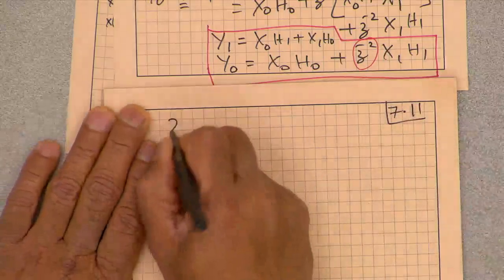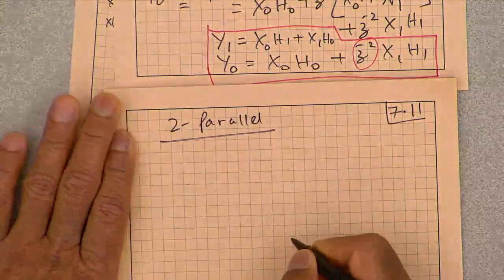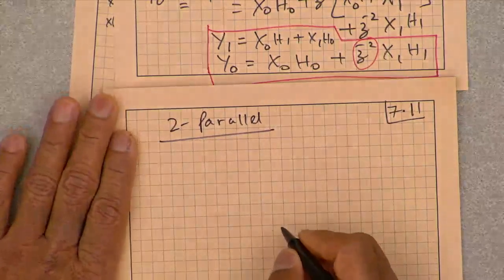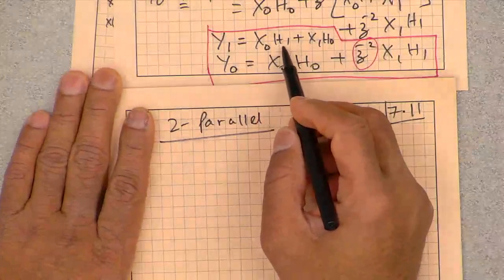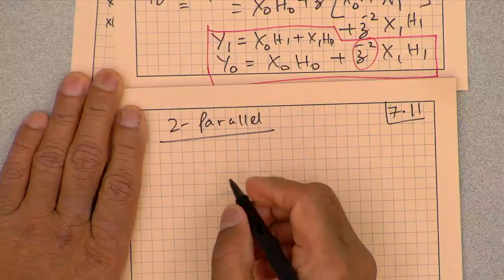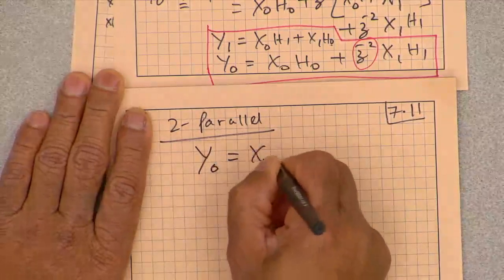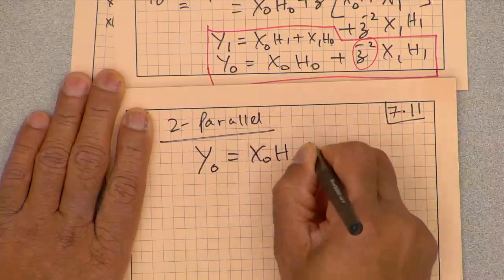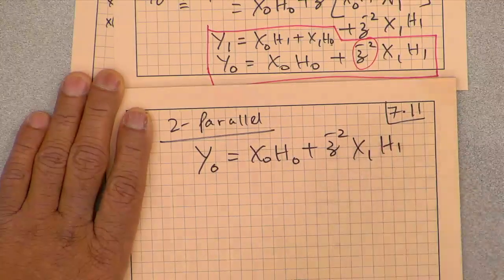For a two parallel filter we have y1 is x0 h1 plus x1 h0 and y0 is equal to x0 h0 plus z to power minus 2 x1 h1.